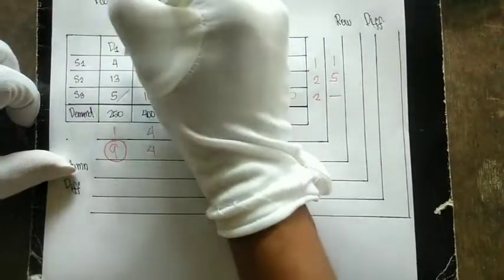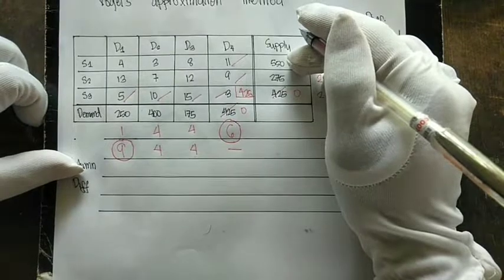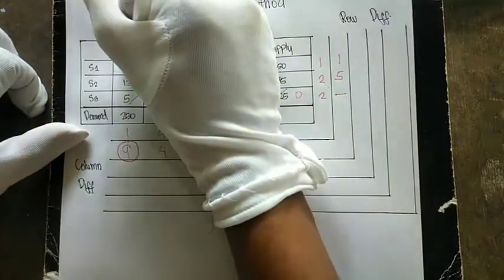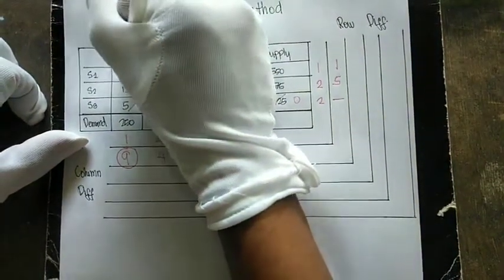So we will identify the least value. Since the number 4 is our least value, we will start in this cell. So 250 and 550. We will copy this demand since it is the lowest value. So we will copy this 250 and put it in this cell.